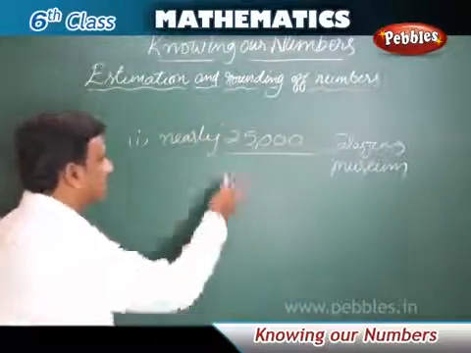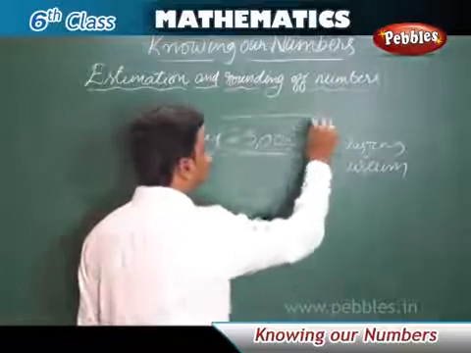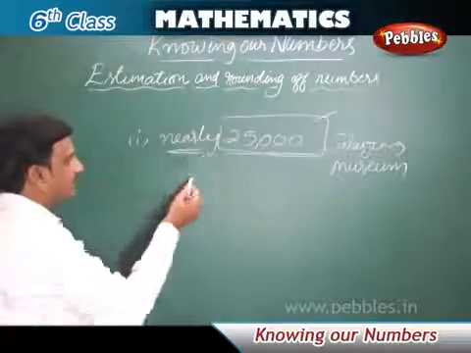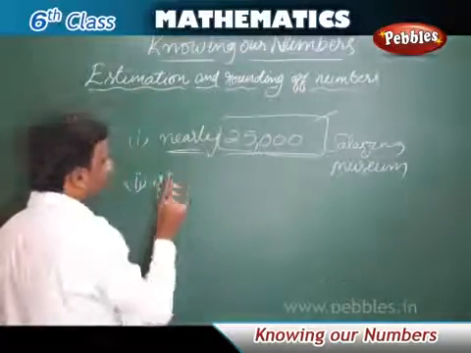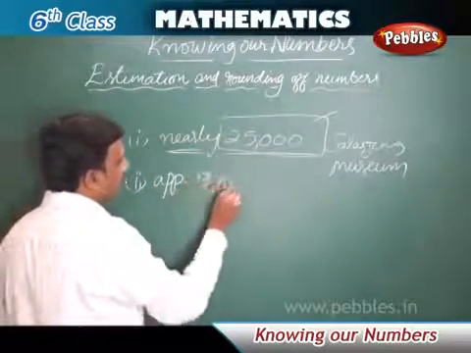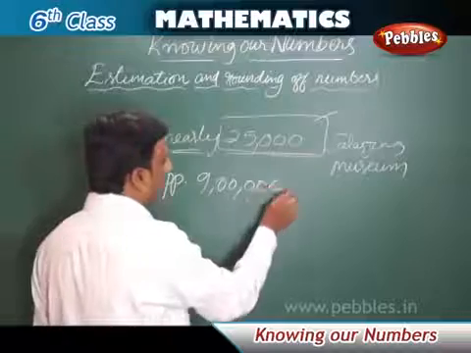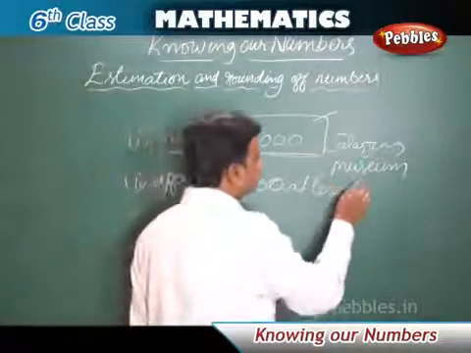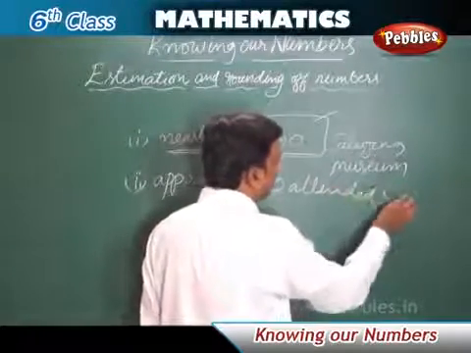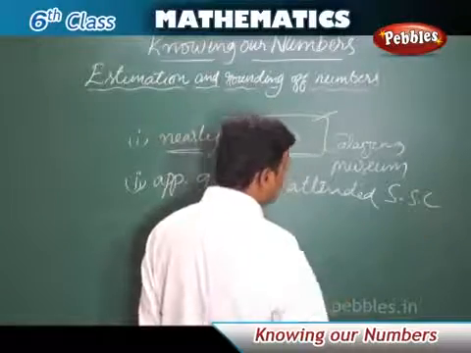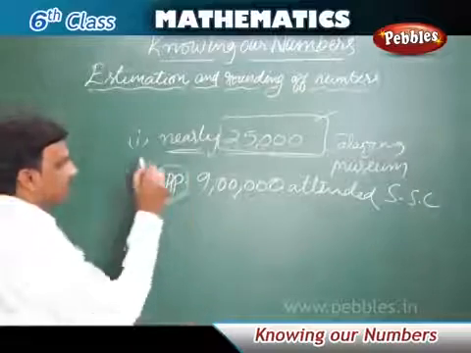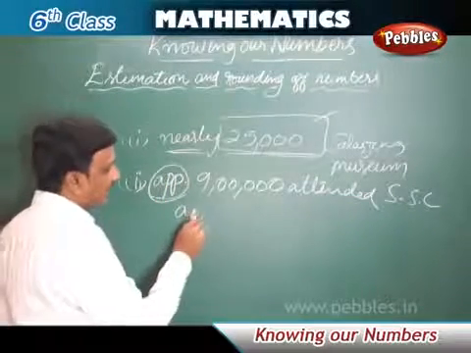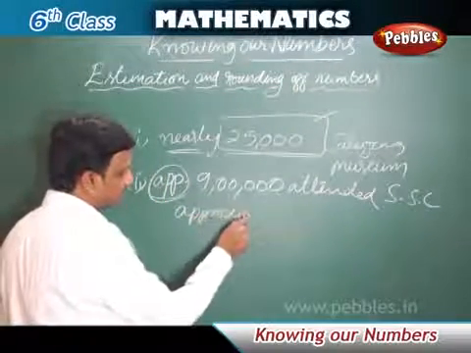Here this 25,000, we are telling it as nearly. And one more example, approximately 9 lakh people attended the SSC exam this year. So 9 lakh people approximately. So we are using that term approximately.